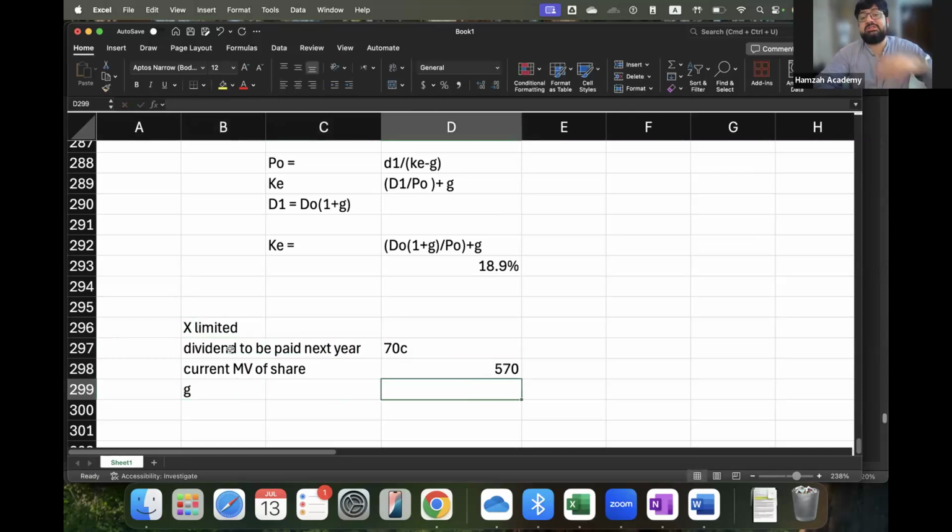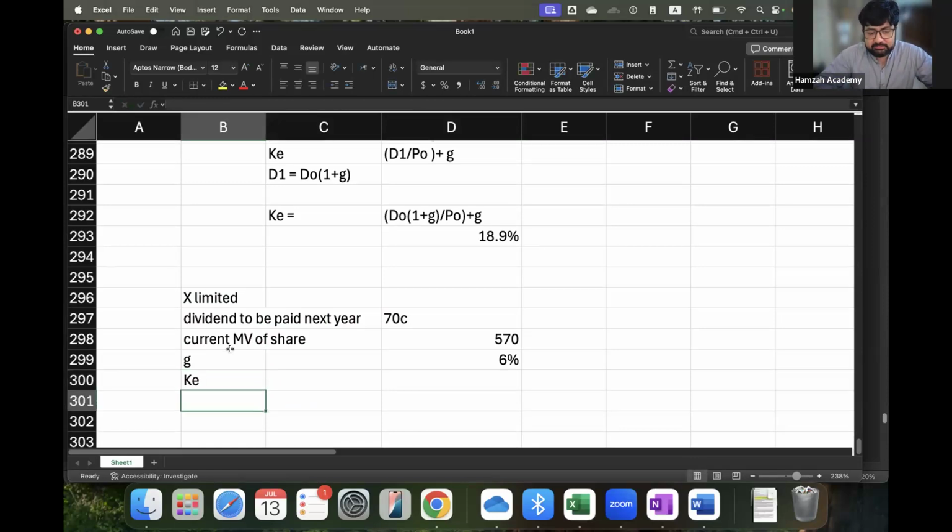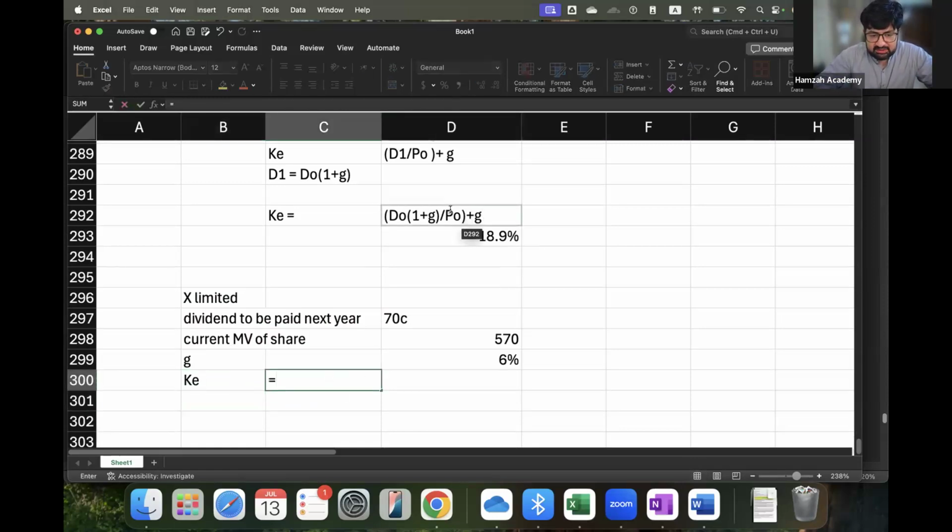And after year one, dividend will grow at 6% per annum. What is the cost of equity? So D1 over P naught, D1, next year, 70 cents over P naught, plus G, gives 18.3% cost of equity.